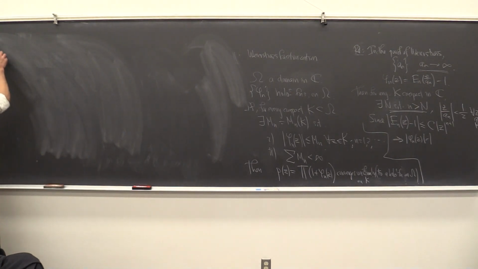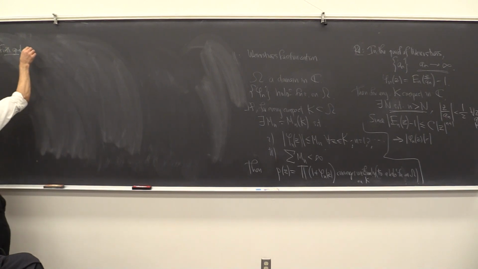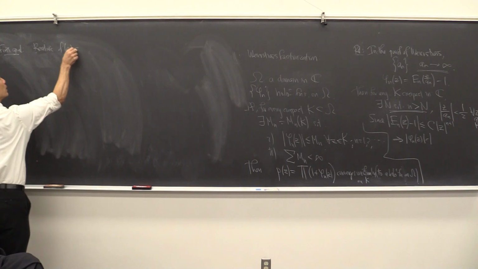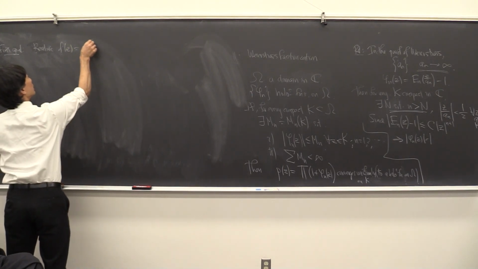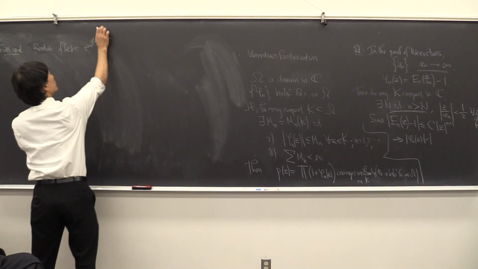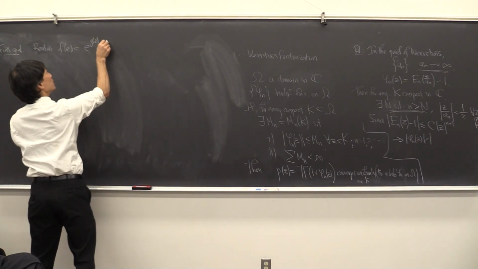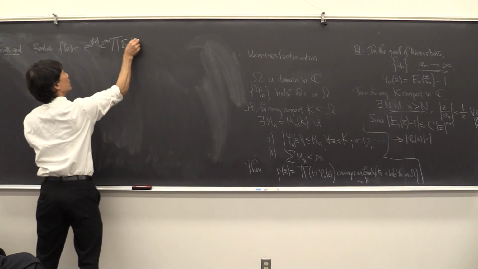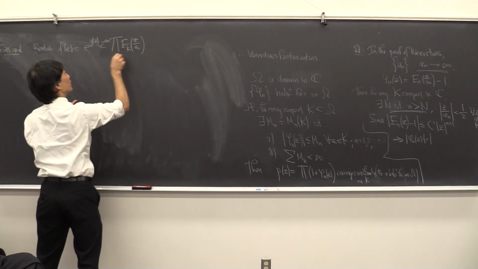Okay, so step 1, the first goal, is to see that we can realize f as e to the g of z, z to the m, times the product of e sub k, z over a sub n.